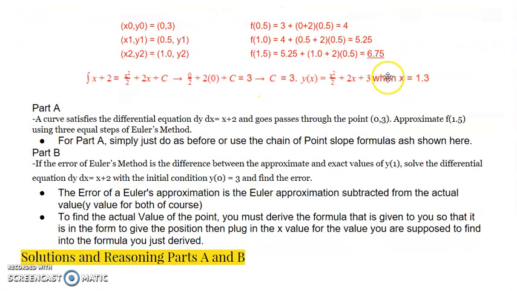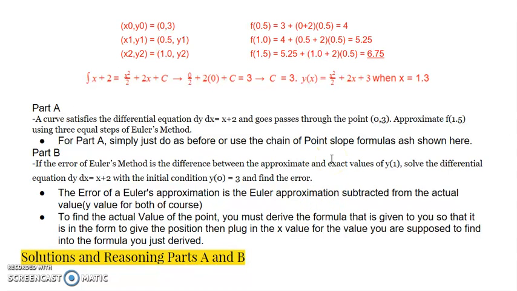We're using the chain of point slope formulas, so x is 0, y is 3, and then plus 0.5 as our step, 3 plus (0 plus 2) times 0.5, which equals 4, and we just go on until we get our answer of 6.75. So 6.75 is our Euler's approximated answer.